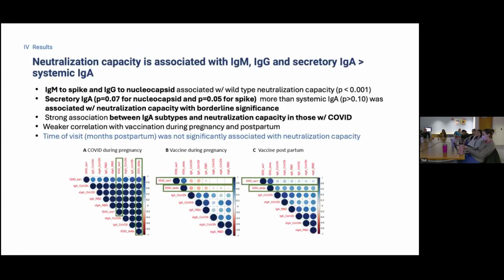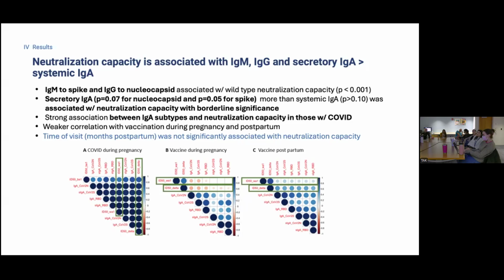Okay, and so the other question was which immunoglobulins are important in the neutralization capacity. And so we know that it's associated with IgMs, IgG, and secretory IgA over systemic IgAs. The way to look at this is the correlation matrices. The green boxes just show that we're looking at the association versus the wild type COVID antigens.